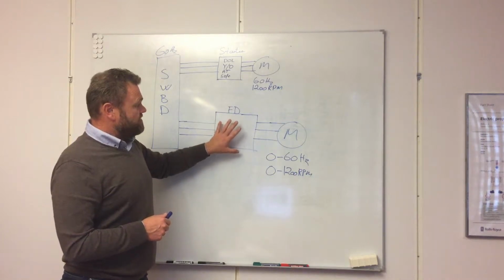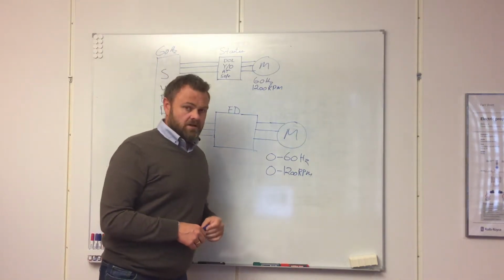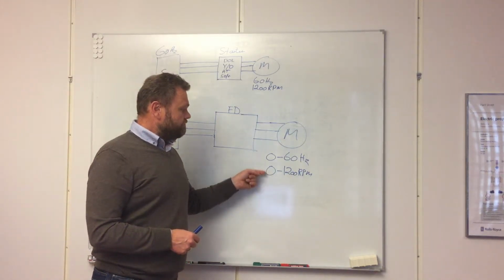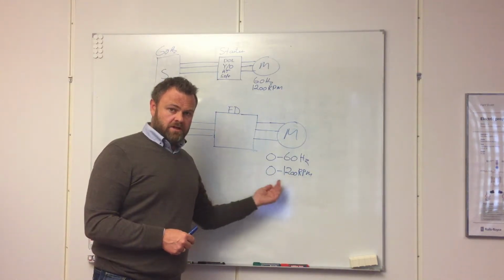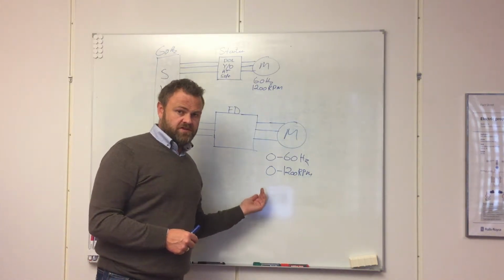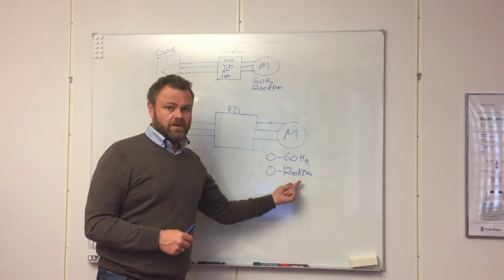So the frequency drive works in a totally different way and will give you variable speed. You can regulate freely in between 0 and 1200 RPM.